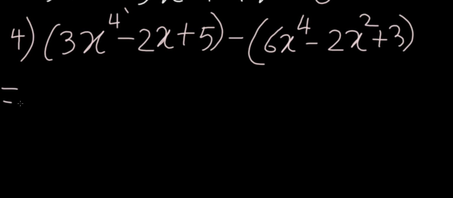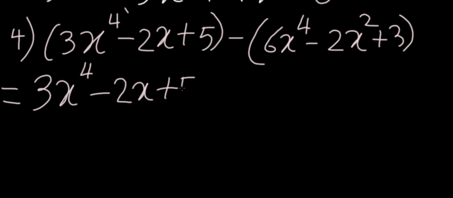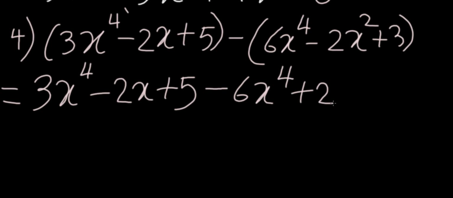So here, first step, write the first polynomial as it is, 3x to the power 4 minus 2x plus 5. And then here, change the sign. Positive 6x to the power 4 will become negative, and then negative 2x squared will become positive 2x squared, and positive 3 will become negative 3.